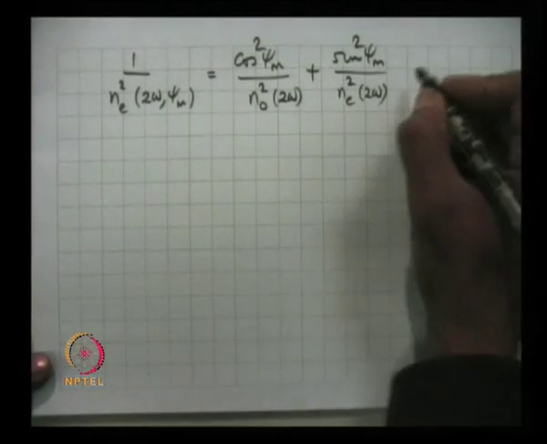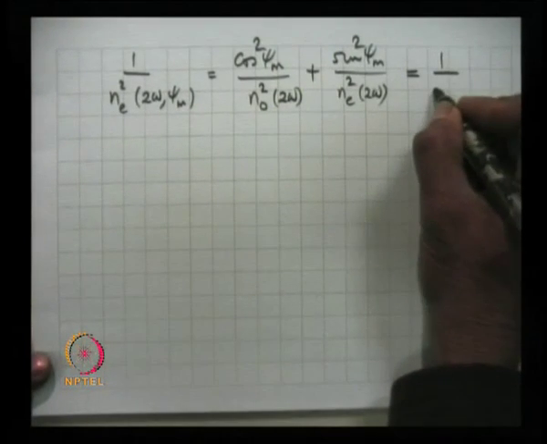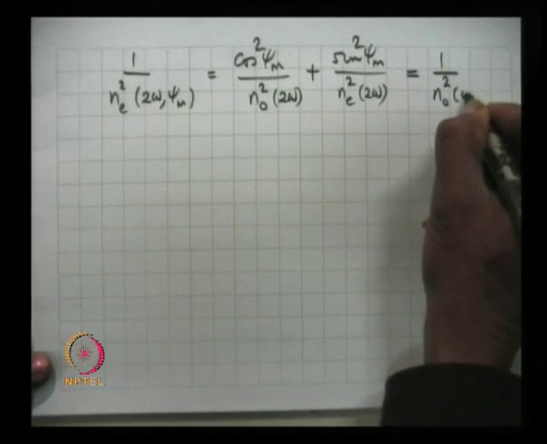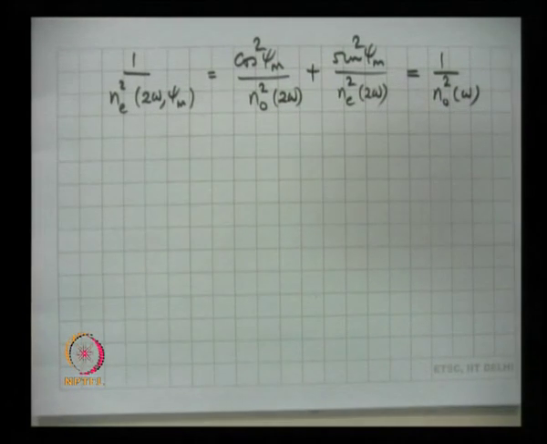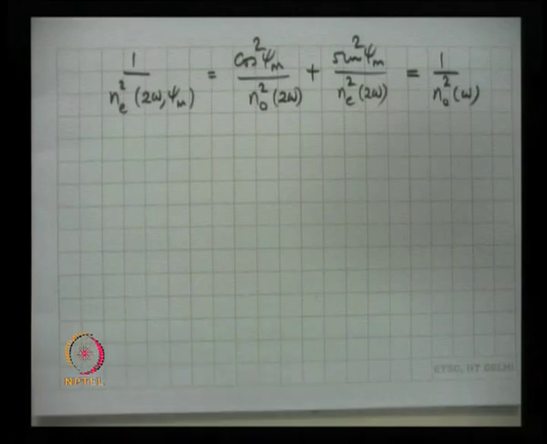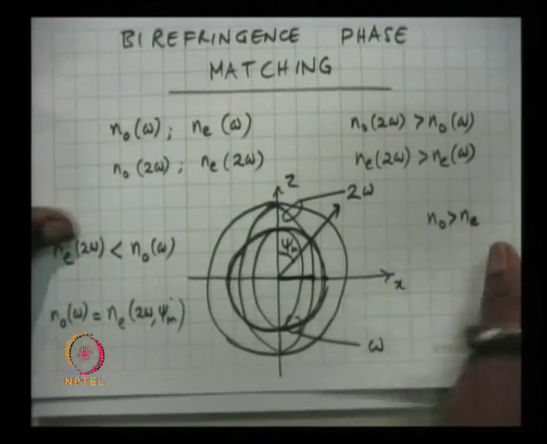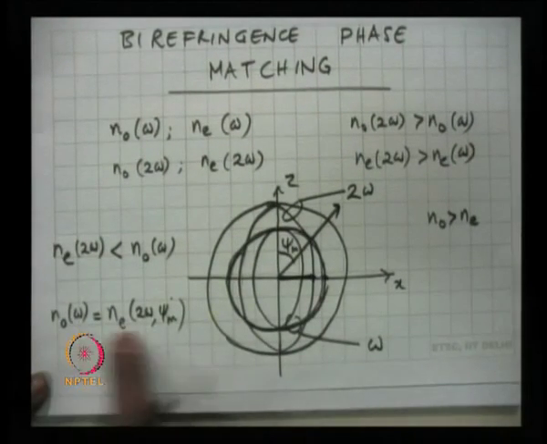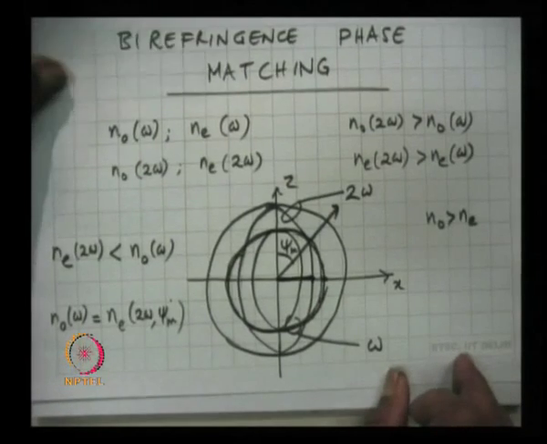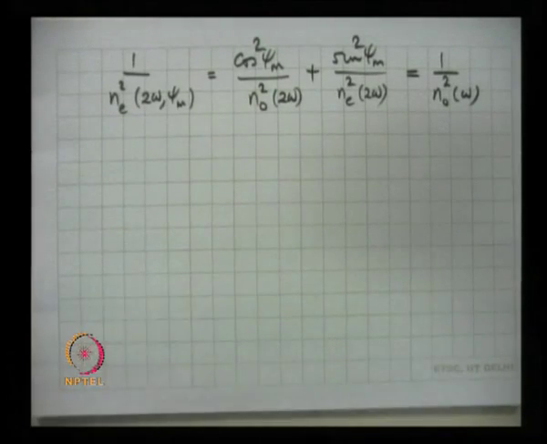For phase matching, this must be equal to 1 by NO square of omega, because my phase matching condition is this, and this implies that 1 by NE square of 2 omega psi m must be equal to 1 by NO square of omega.